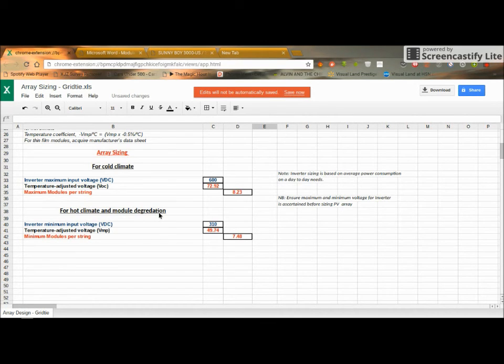Now you might be wondering, what is module degradation? Module degradation has to do with the years of service of your modules or your solar panels. Now, solar panels are designed to work for a maximum of 25 years. However, panels have worked beyond 25 years. But as the years go on, the constant sunlight hitting them degrades them.